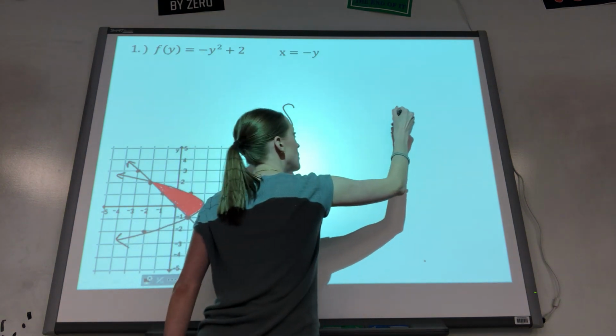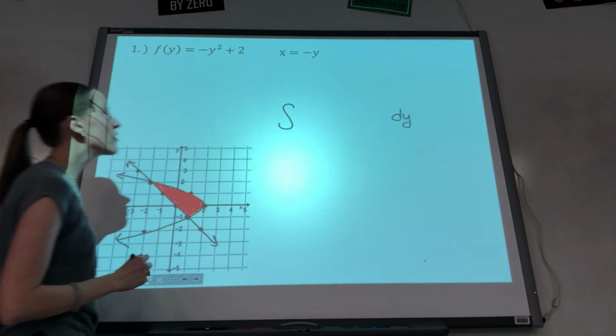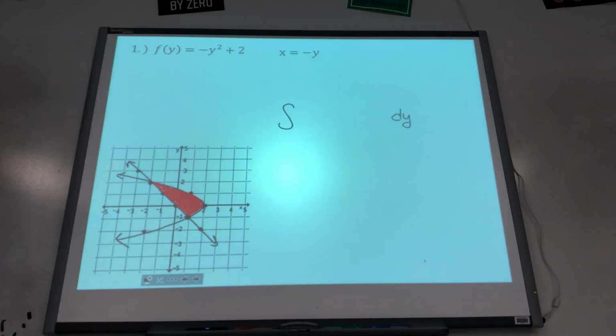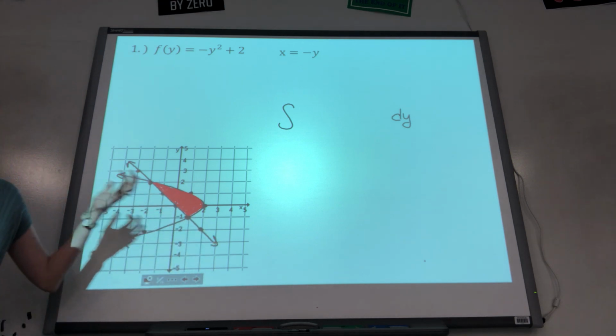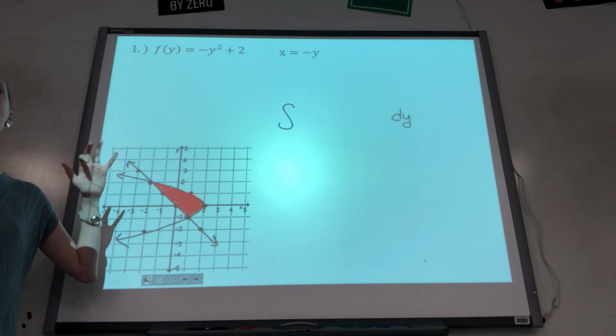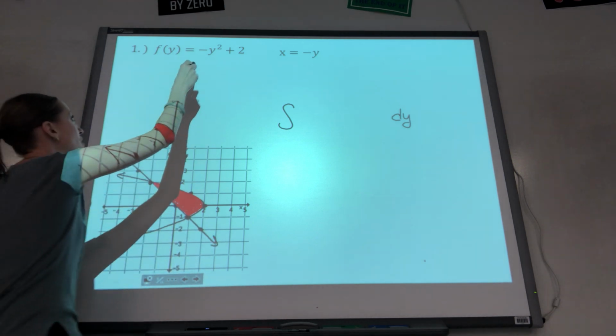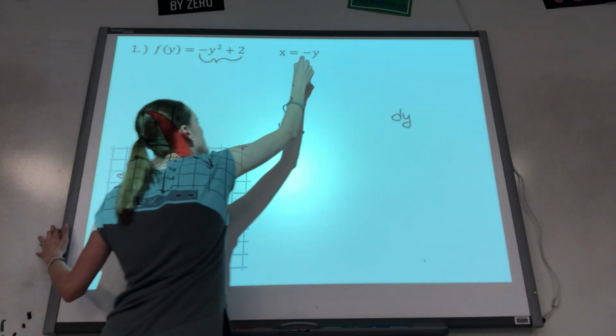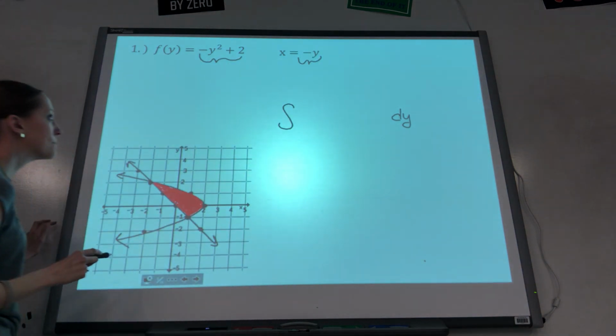If you're going to integrate this with respect to y, it wouldn't make sense to plug in functions that had x's in them. You're going to want to plug in functions that have y.